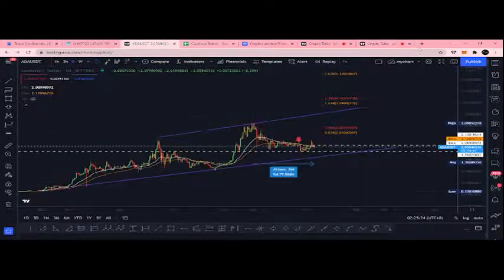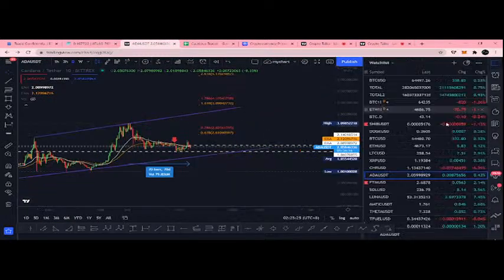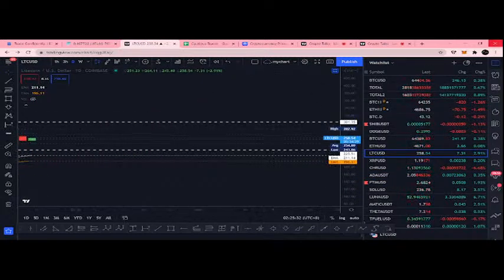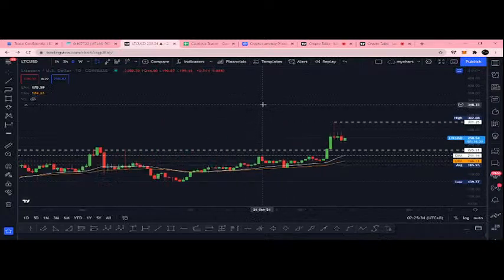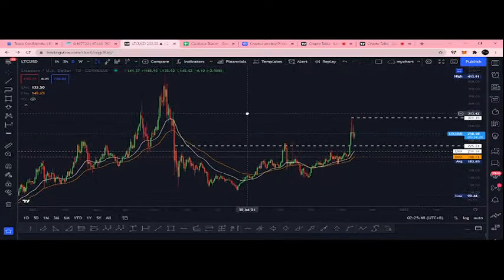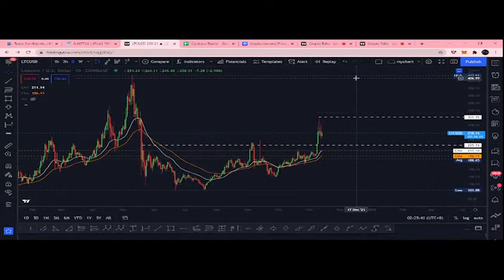Actually, for LTC, I'm looking at 232. What happened there? I think my posting was not reached, or was not hit or completed. So yeah, it's unfortunate it's not hit. We'll possibly use this one.